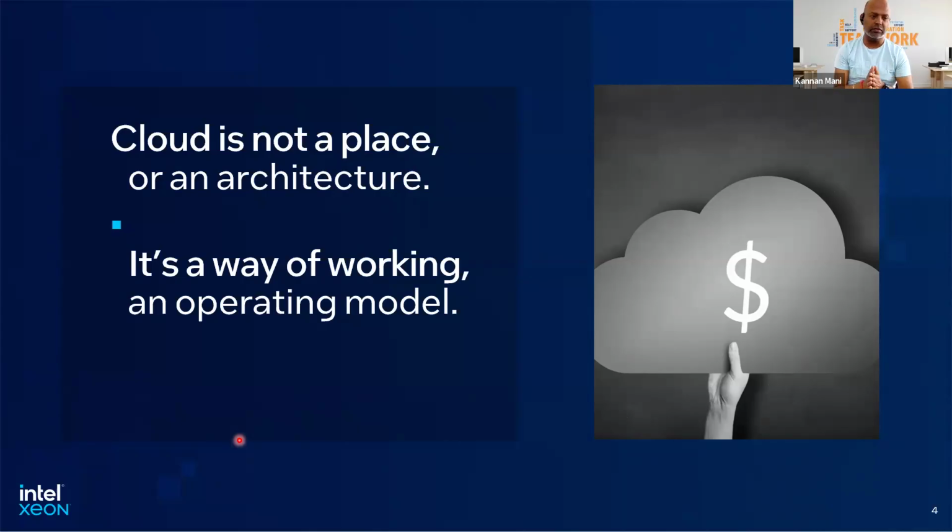It's the way you want to operate. It doesn't matter. The same hardware can be provisioned in multiple clouds, but the way they operate is totally different. So I just want us to understand what cloud means, because people often get confused about it.